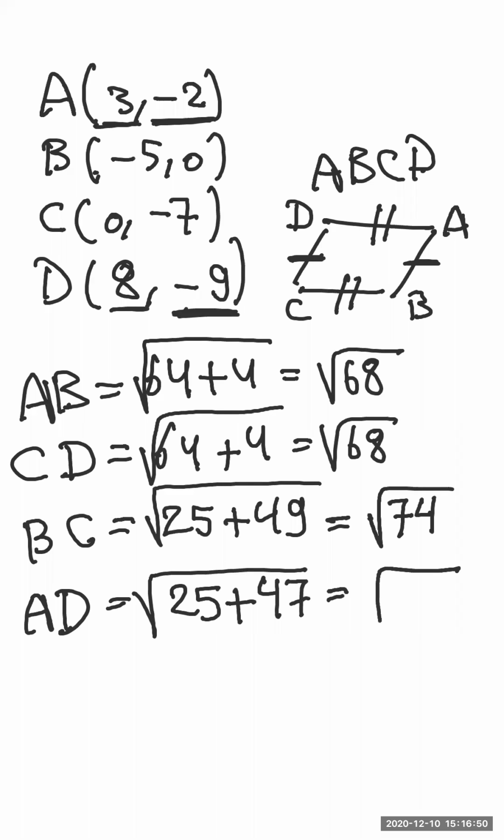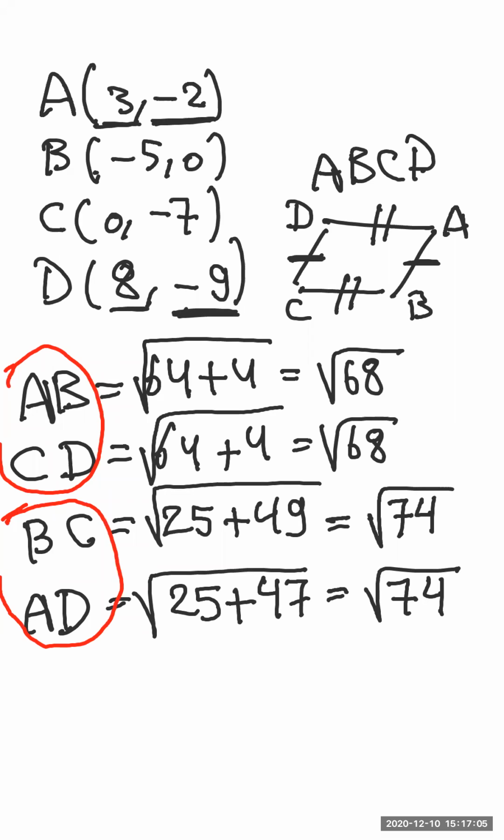So it will equal the square root of 74 also. So now, guys, AB equals CD and BC equals AD. So each two opposite sides are equal, so this one is a parallelogram. That's it. Is it clear? Yes. Any questions till now? No. Okay, great.